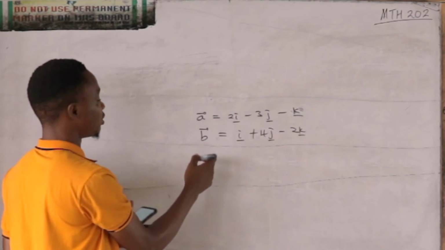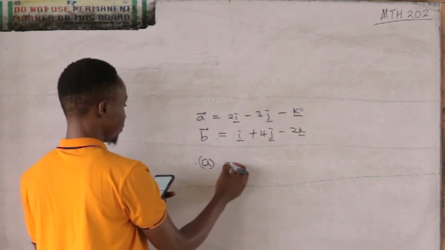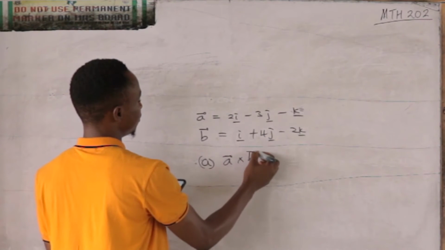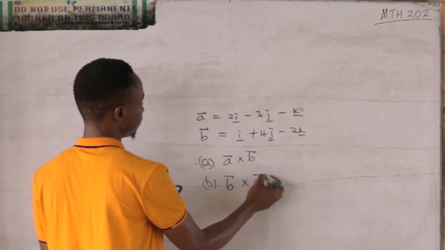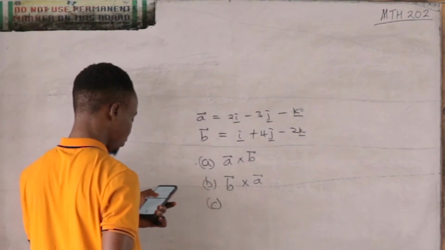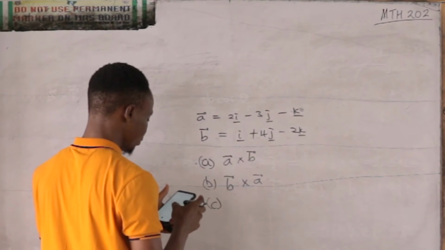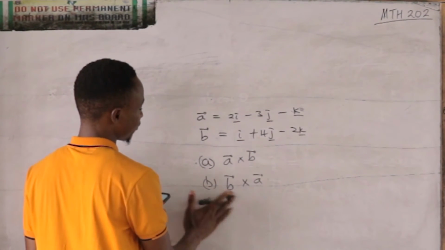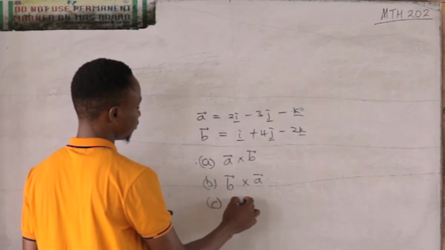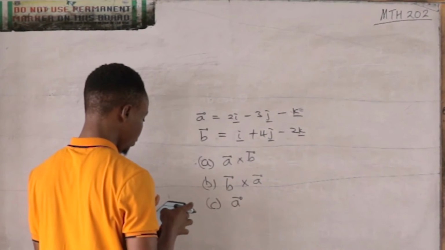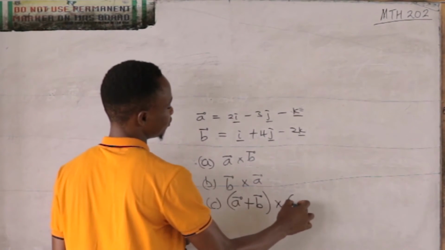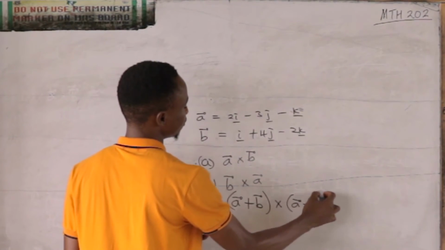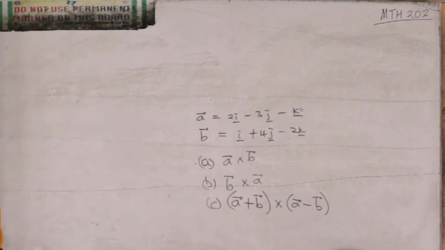If A is equal to this and B equal to this, find A cross B. Somebody work on it.